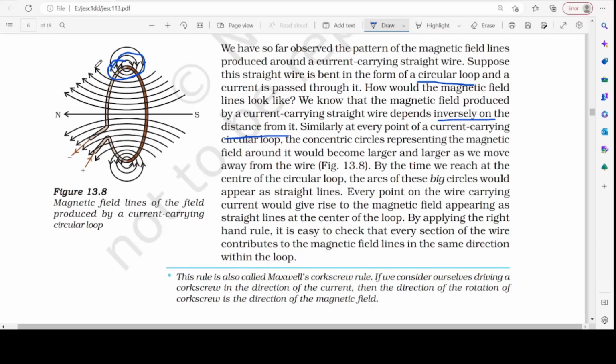But as we move away from the circular wire in this way, these concentric circles become larger. Over here it will be in this way, and they are just becoming larger and larger. And over here similarly downwards there is a concentric circle, and then they are becoming larger and larger, and at a point at the center this line will appear to become a straight line.